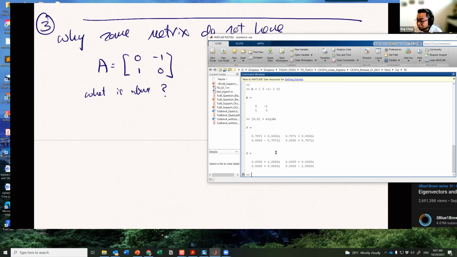All right, that's very cool. That's why, in the previous slide, I said that it depends on which space you're working in. MATLAB will give you the complex numbers.